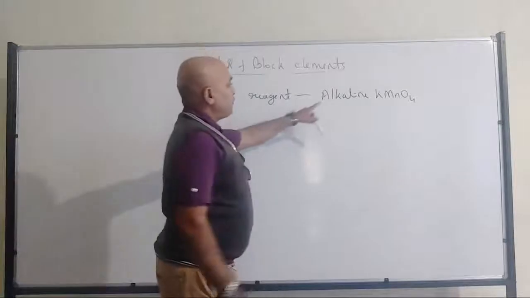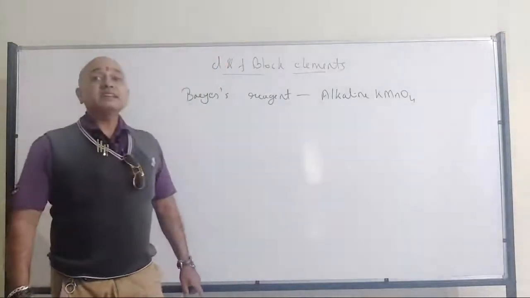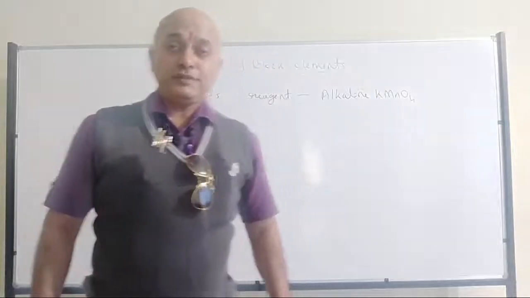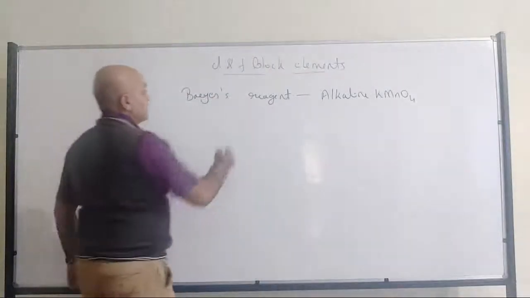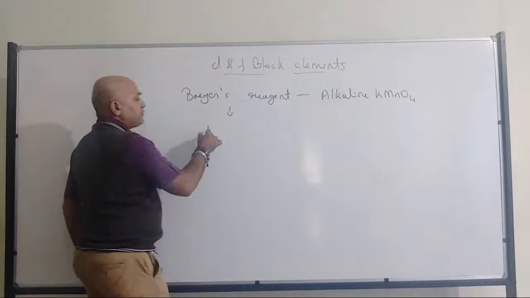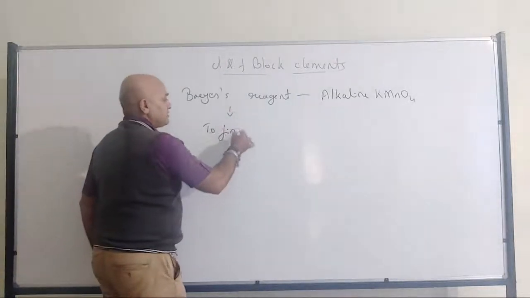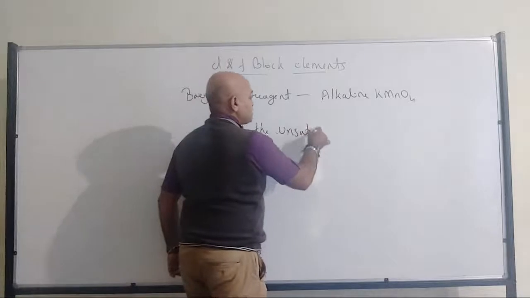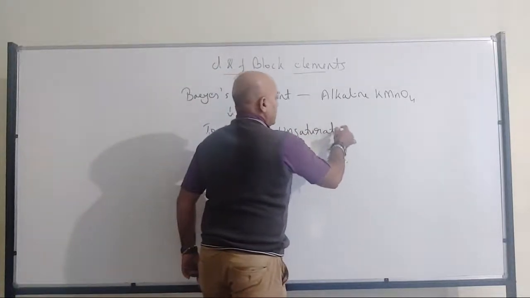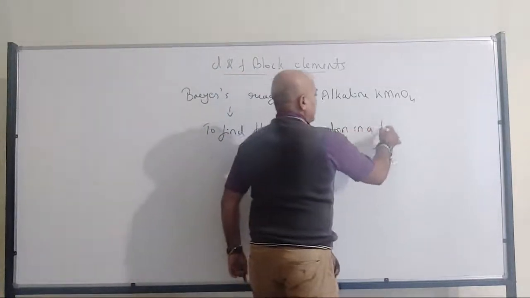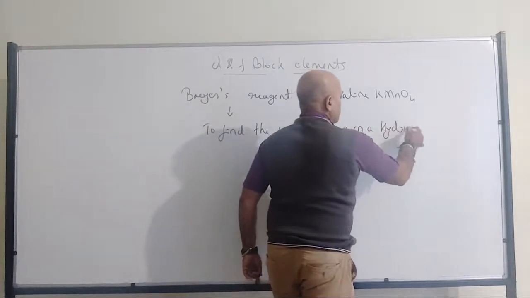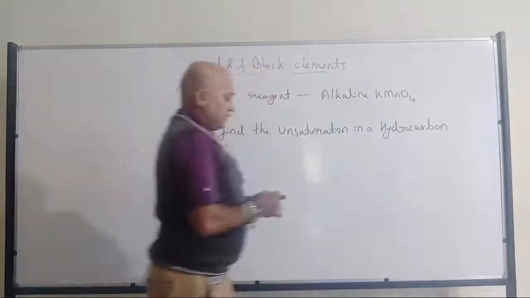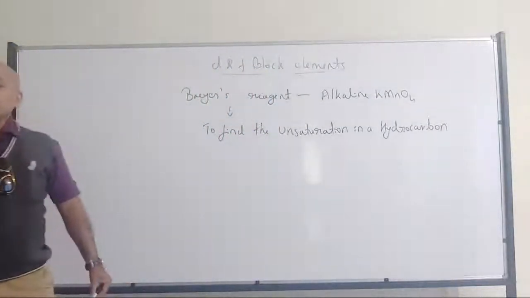So KMnO4 will be maintained under basic condition. That's where we have the alkaline KMnO4. So what is the application? This will be applied to find the unsaturation in a hydrocarbon. Got my point?